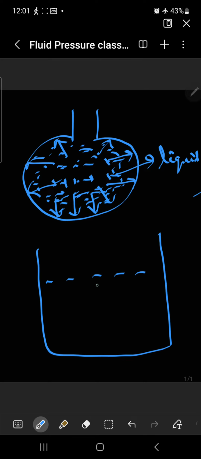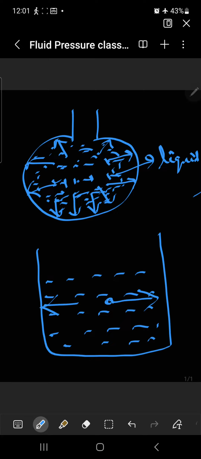Okay. Similarly, if we take a beaker and we fill up any fluid inside this beaker, this fluid will exert a pressure on the side walls of the vessel, on the base of the vessel. Okay.